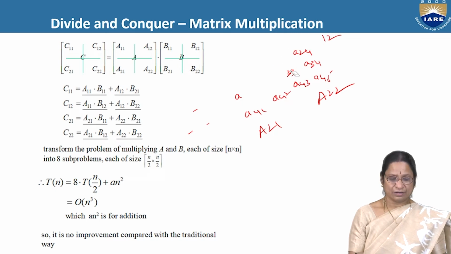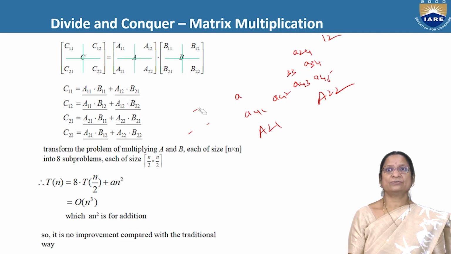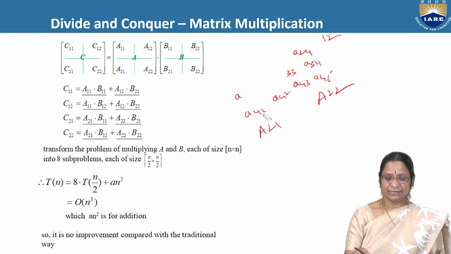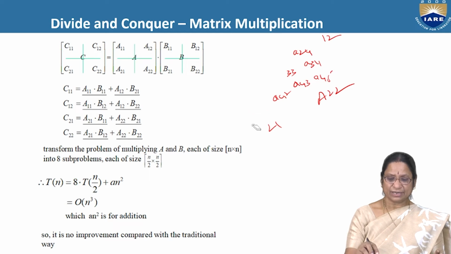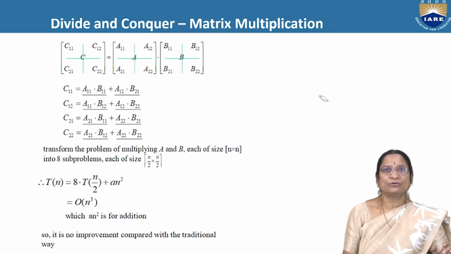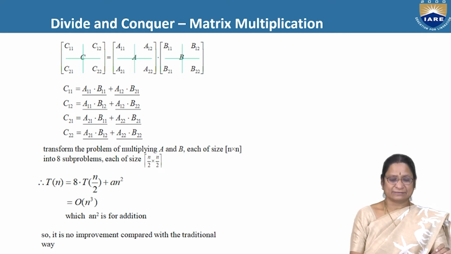Now we are going to calculate the values of C11, C12, C21, and so on. So, when we are dividing our matrix into sub-matrices of the minimum size, that is 2 by 2 matrices, when n is 2, then this is going to be easily computable by us.